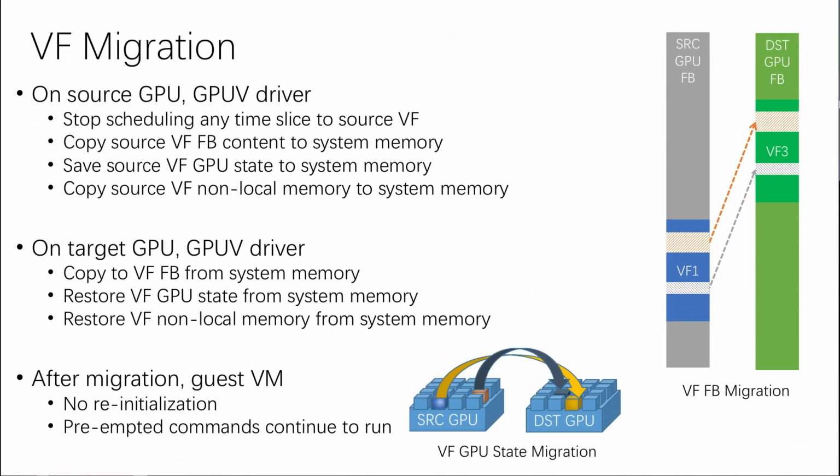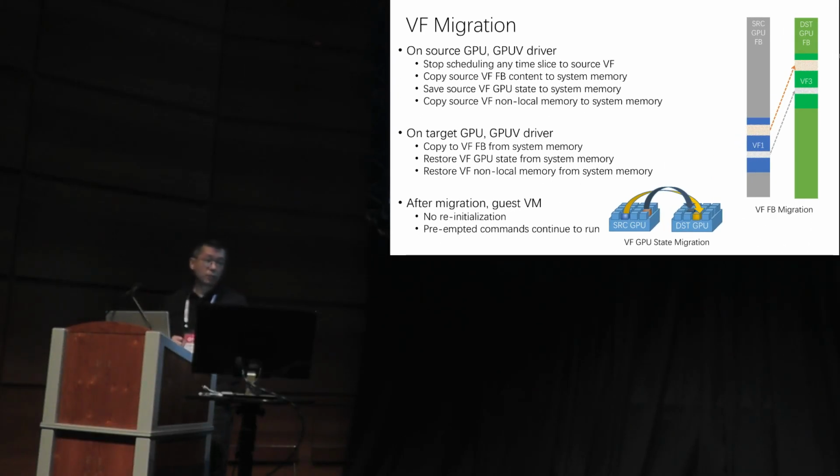On a VF migration, on the source, the GPU-V driver can do a lot of things, like I just mentioned: schedule the time slices, stop it, copy the frame buffer or system memories over, and also copy the VF GPU state. On the target, the GIM driver will restore all of those memories, non-local and local, and the GPU state.